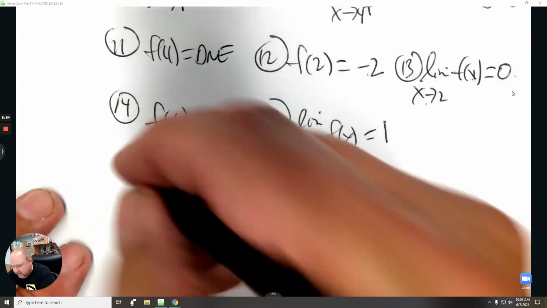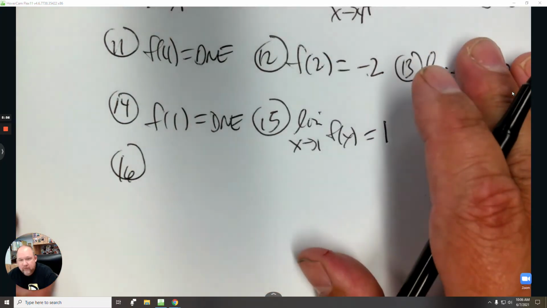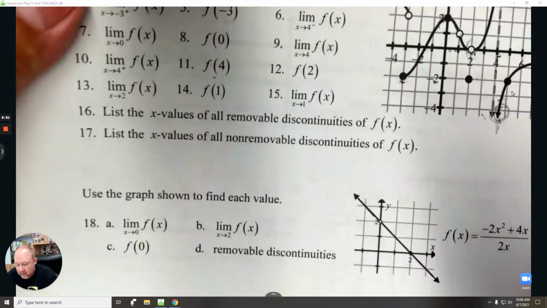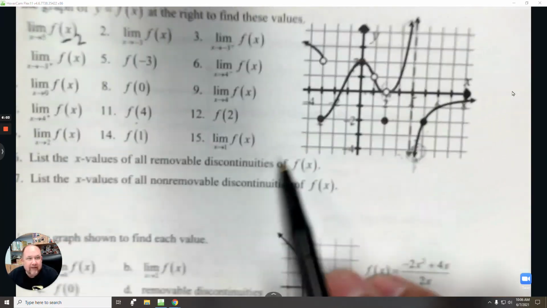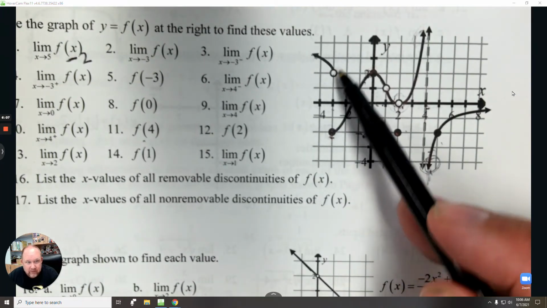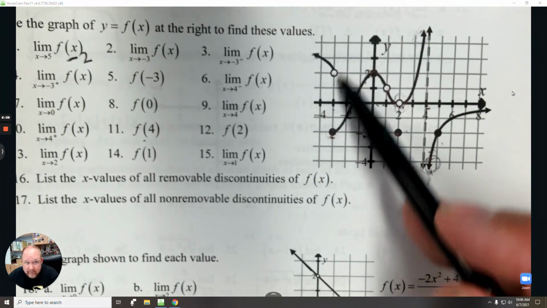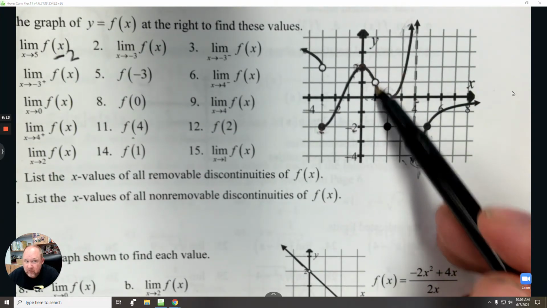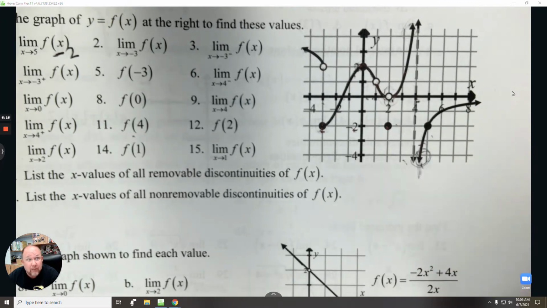All right, number 16, list the x values of removable discontinuities. Now, if it's a removable discontinuity, that means the limit exists at that discontinuity. So for instance, -3 is a discontinuity, a jump, the limit doesn't exist. But look at +1. There is no jump there. The limit exists there, so it's removable.